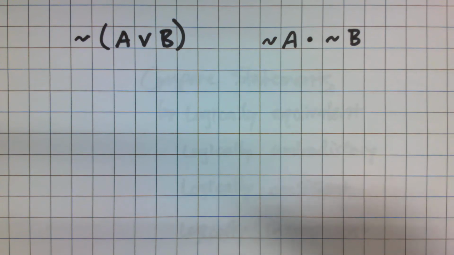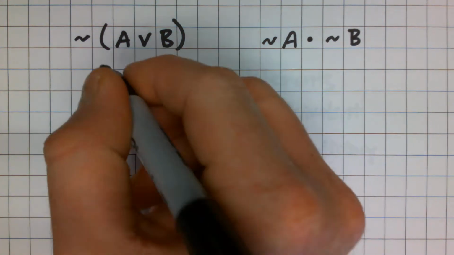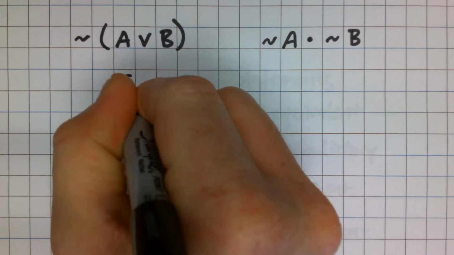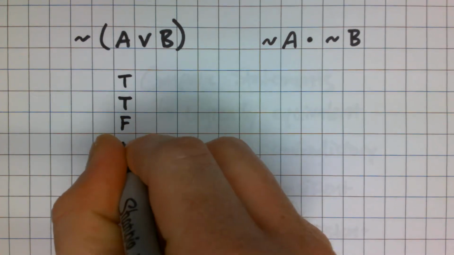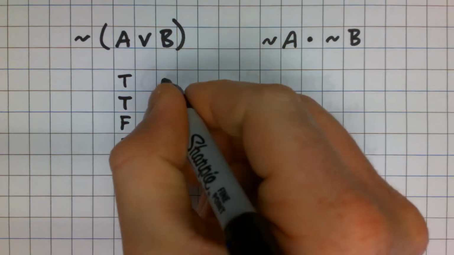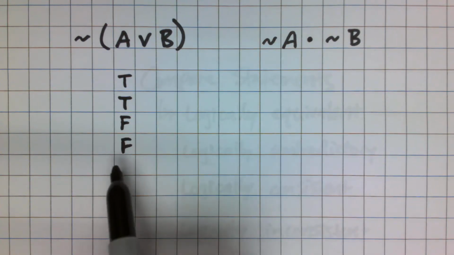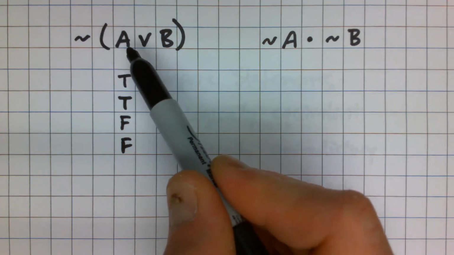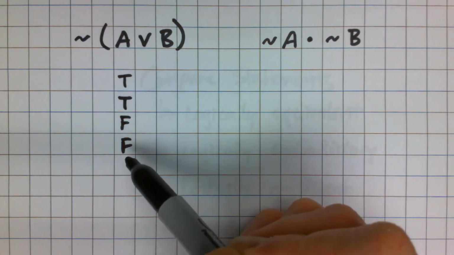So I'm going to start by initially populating my starting truth values. And since I have two atomic propositions, I am going to need 4 lines in my truth table. Under my first atomic proposition, which is A, I'll do half trues and half falses.